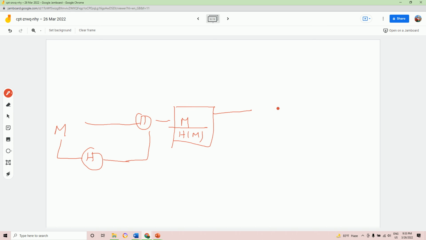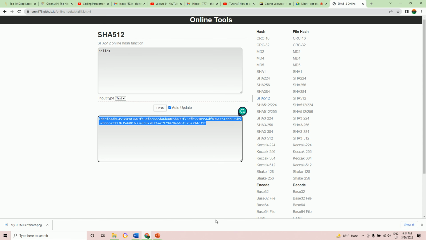The receiver again calculates the hash, so he gets his hash of m, then compares them, and finds whether the message changed or not. If they are same, the message has not changed. If they are different, the message has been changed. So this is how to use hashing to verify the integrity of the data.